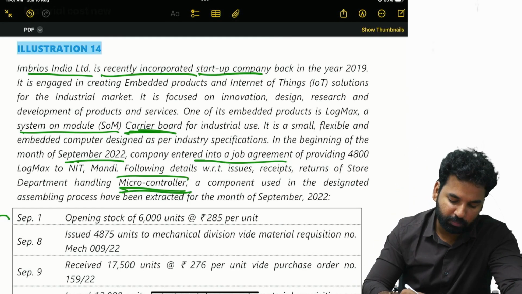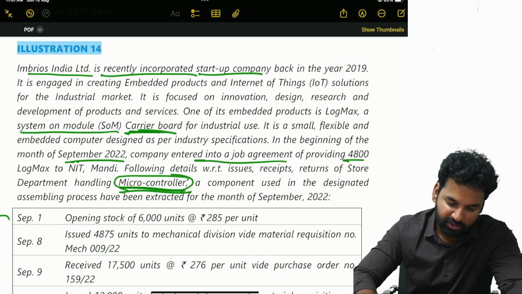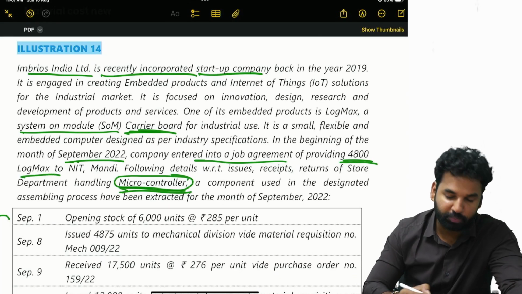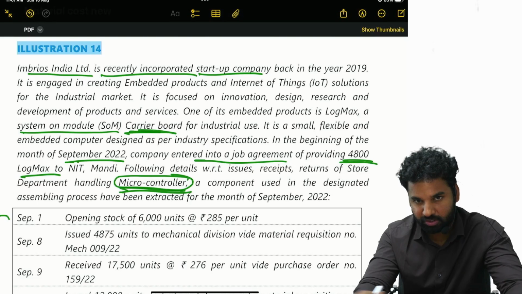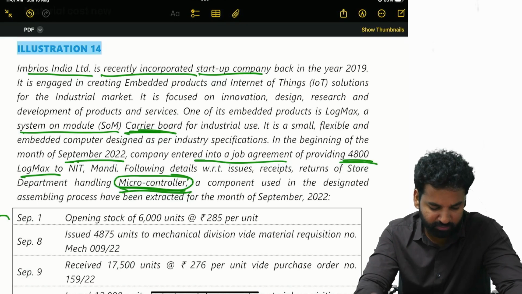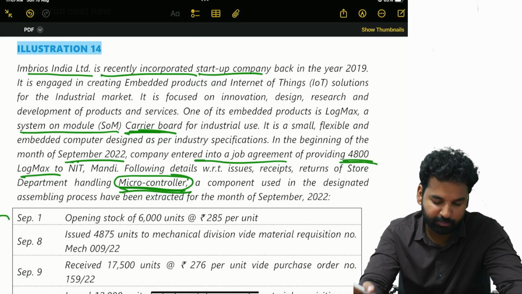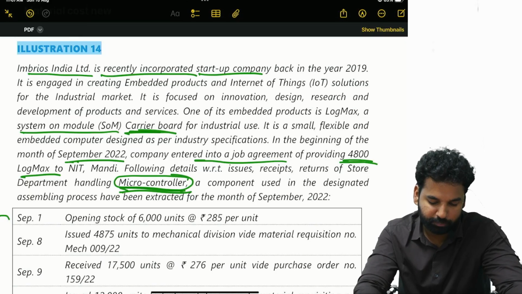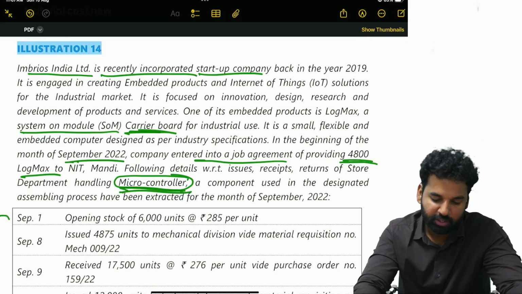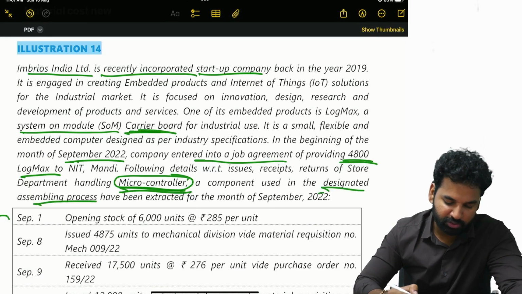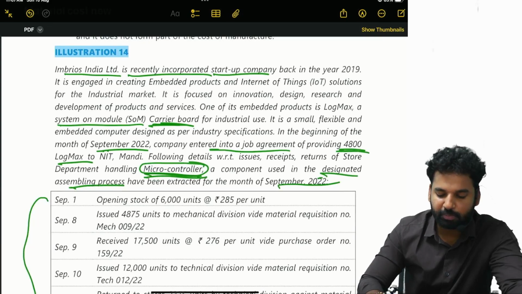So for manufacturing 4,800 Logmax computers, they are purchasing the microcontroller.